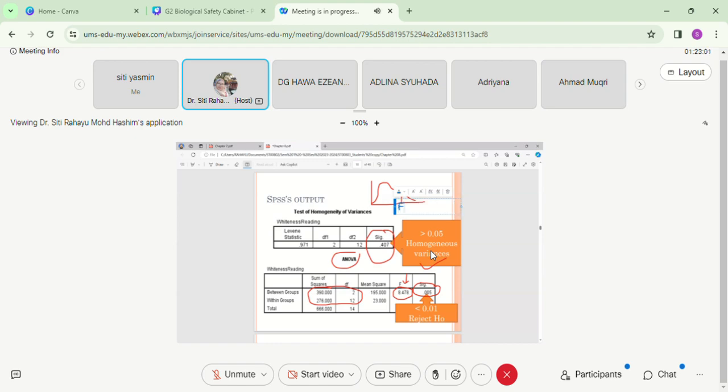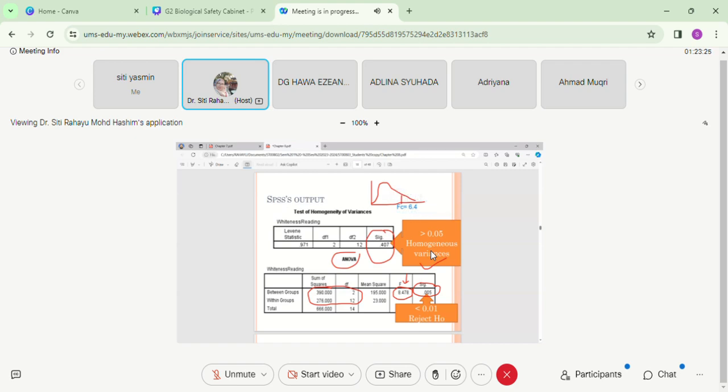F critical, right? Which is 6 point something just now. 6.48? I don't remember. 6 point something. Let's say 6.4.